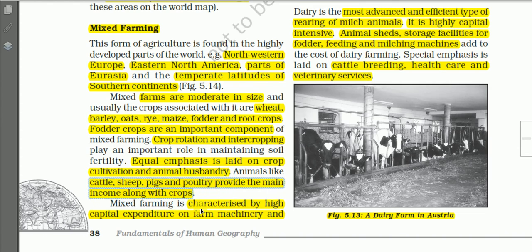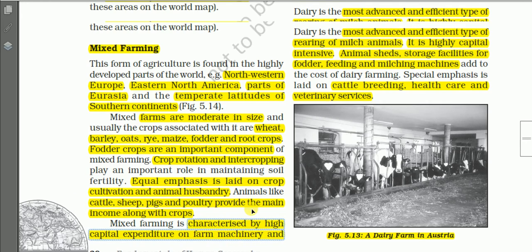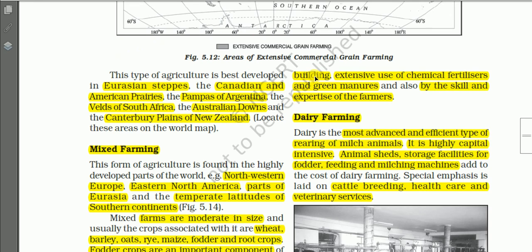Mixed farming is characterized by high capital expenditure on farm machinery. Huge capital is required to buy farm machinery and to construct buildings, cow sheds, cattle sheds. Then extensive use of chemical fertilizers and green manures is done. Then skill and expertise of farmers is required.